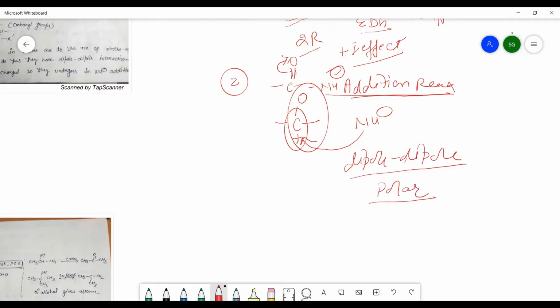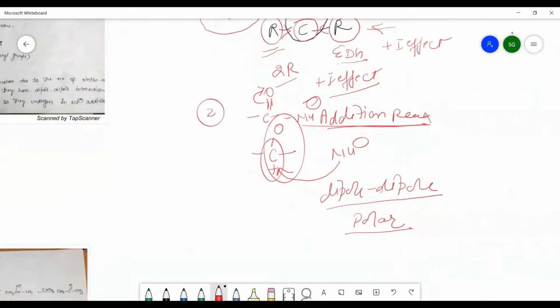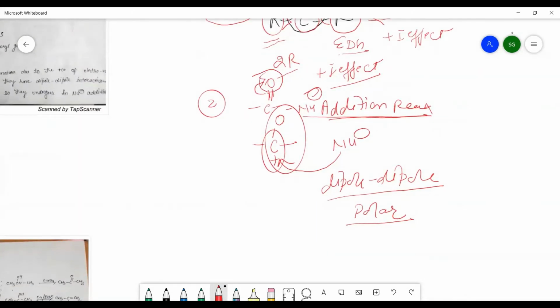So these two properties, the plus I effect around the carbon atom and the dipole-dipole interaction, and being polar in nature, are associated with the more electronegative oxygen atom present on the carbon atom. And this C double bond O is sp2 hybridized.